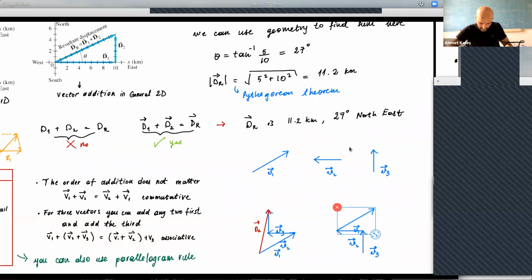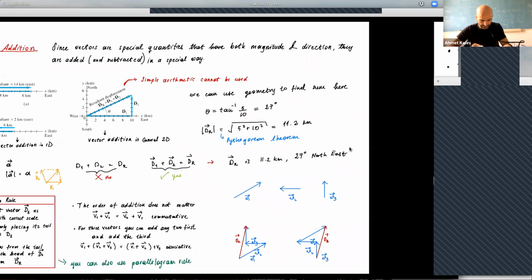Okay, you can see these seem to be completely different drawings, but let's see the net resultant vector from the tail of the first to the head of the last, and dr. Now we can compare if these two are the same. This one and this one seem to have the same orientation and the same length. So the order of vector addition doesn't matter, which is kind of nice.